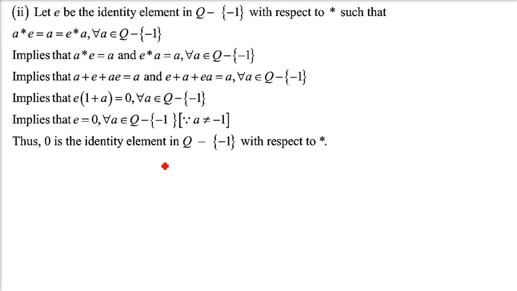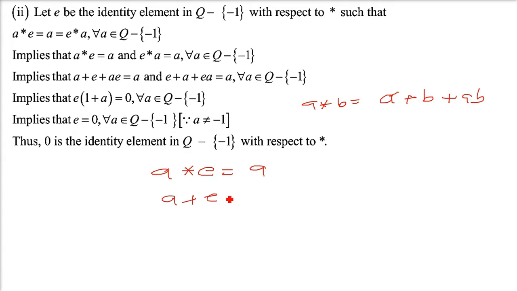The identity element is A star E equals A. So A star B is A plus B plus AB, so A star E will be A plus E plus AE. This equals A. A gets cancelled. You have E plus AE as 0. So E plus AE, you can take E common.